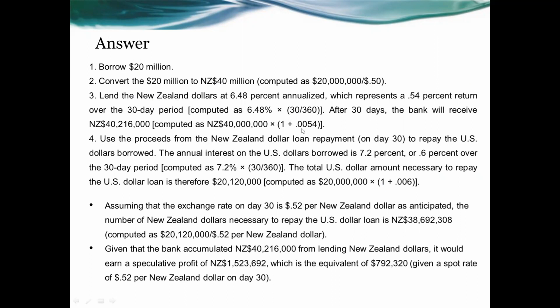So at the end of the 1 month, the bank has to settle that loan of $20 million. Then you can calculate the borrowing interest rate. So in total, at the end of the month, they have to pay $20,120,000.